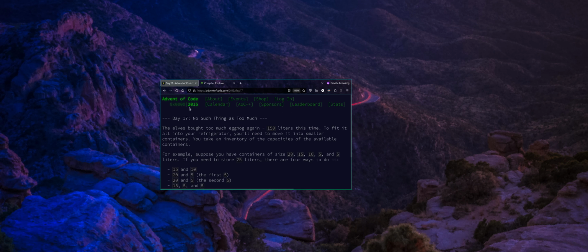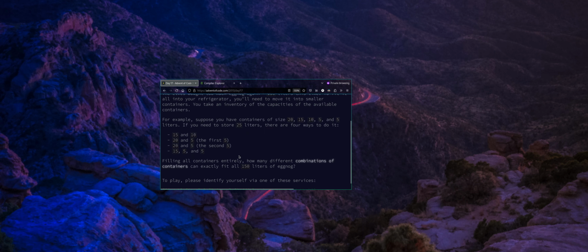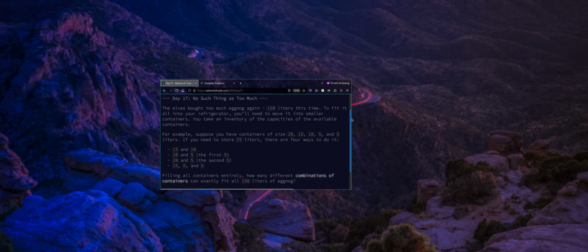Advent of Code 2015 Day 17 is like, it's basically these elves have a crap ton of eggnog and they want to perfectly put it into some set of containers that they have, right? And so in this example, they have 25 liters of eggnog and they want to put it into containers with these capacities, right?